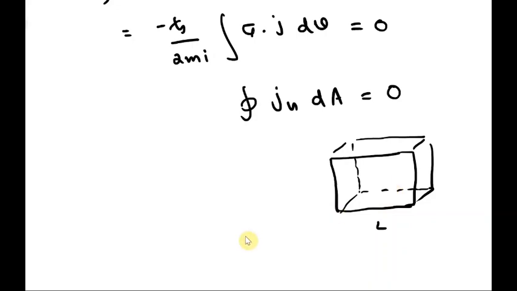In this case, you can have the closed integral of j·dA equal to 0 in two ways. One is psi tends to 0 at the boundaries.